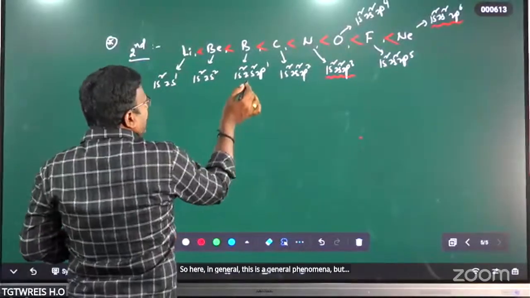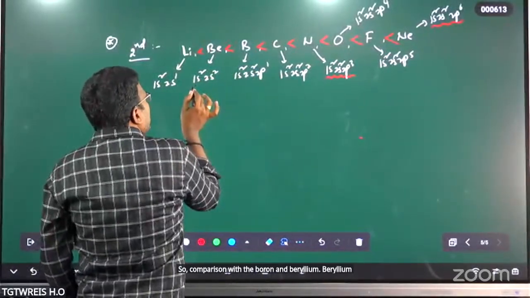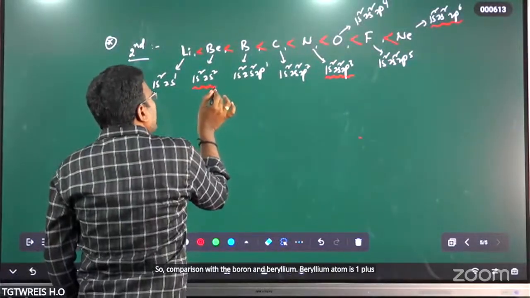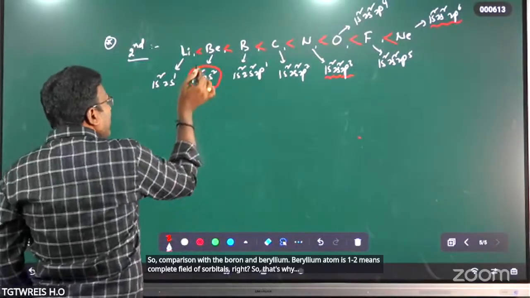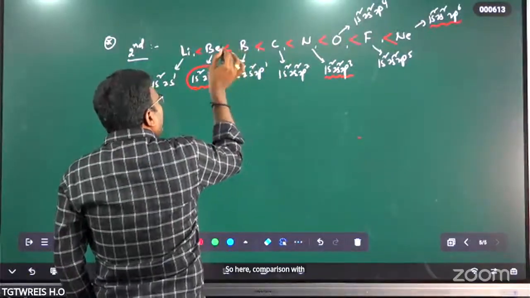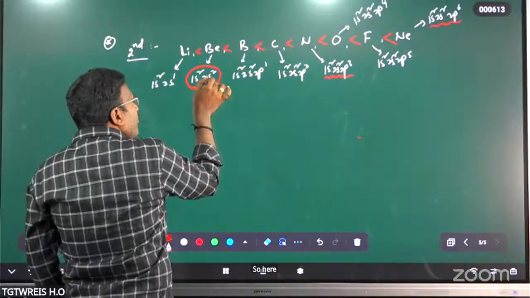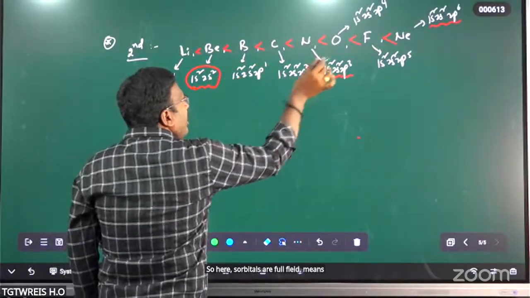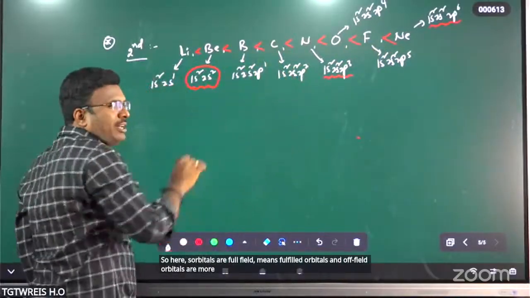In comparison with boron, beryllium is 1s2 2s2, meaning a complete filling of s orbitals, right? So in comparison with boron, beryllium is more stable. Here the s orbitals are full-filled, and full-filled and half-filled orbitals are more stable than unfilled orbitals, right?